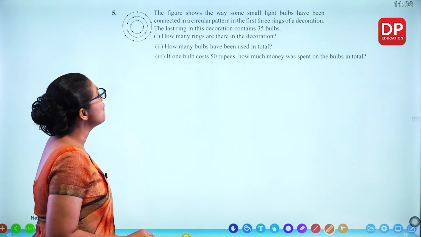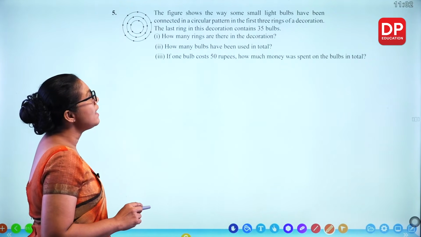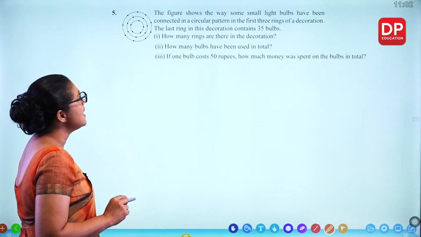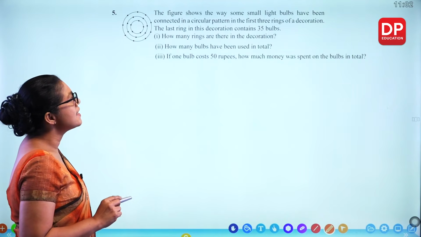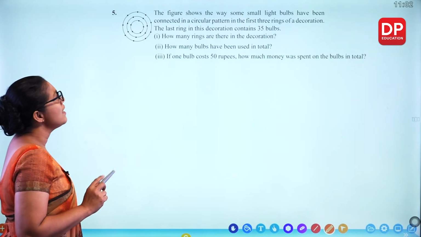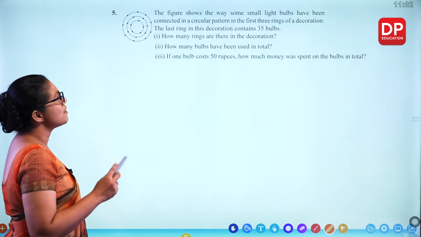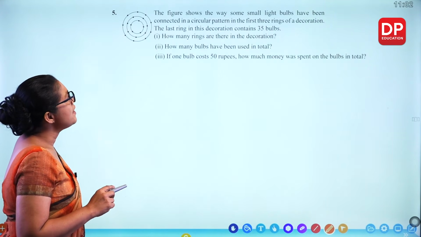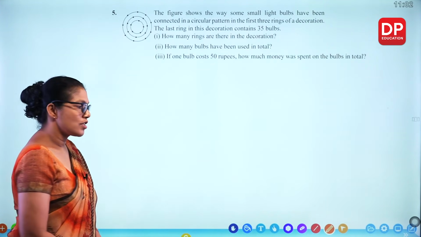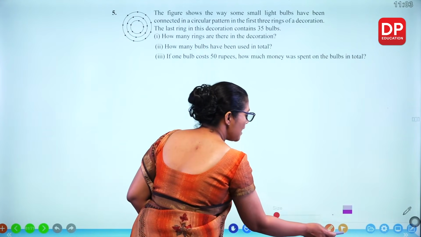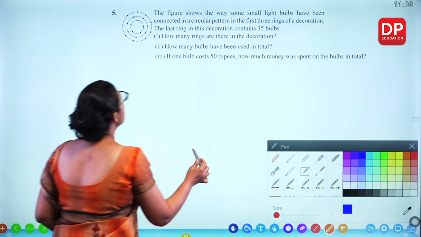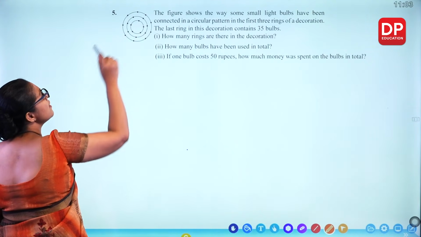Question number 5. The figure shows the way some small light bulbs have been connected in a circular pattern in the first 3 rings of a decoration. The last ring in this decoration contains 35 bulbs. How many rings are there in the decoration? So we'll see how many light bulbs in the first circle.